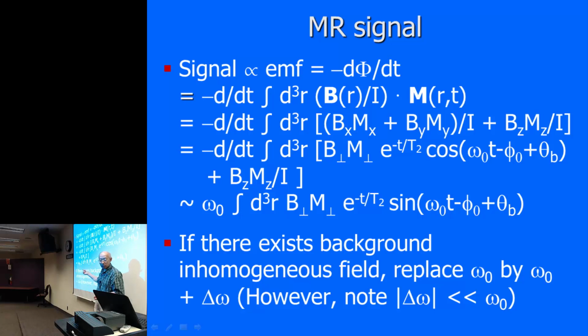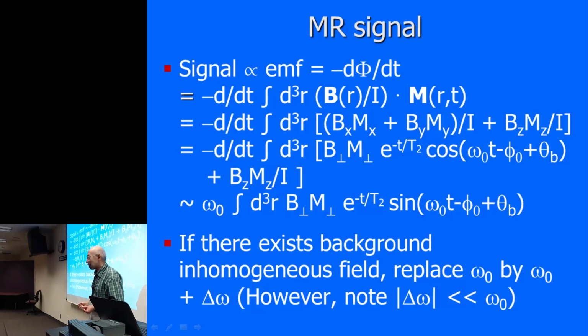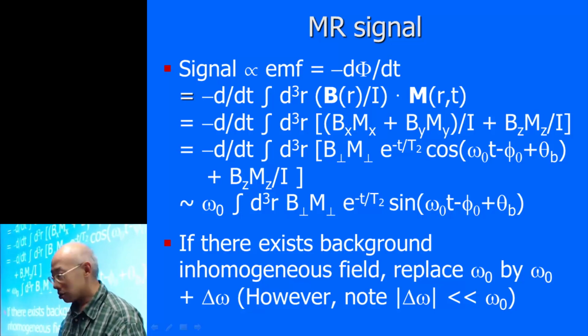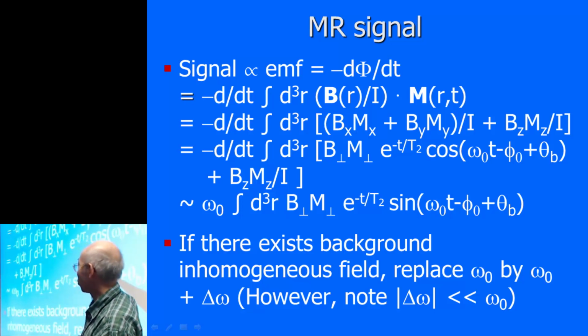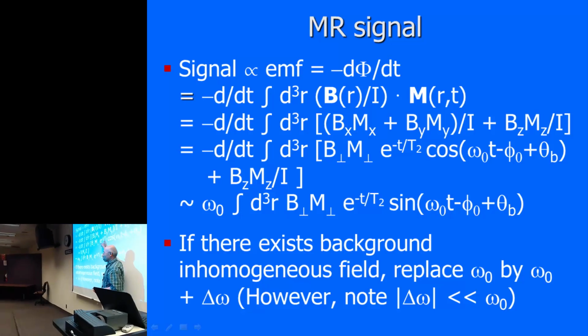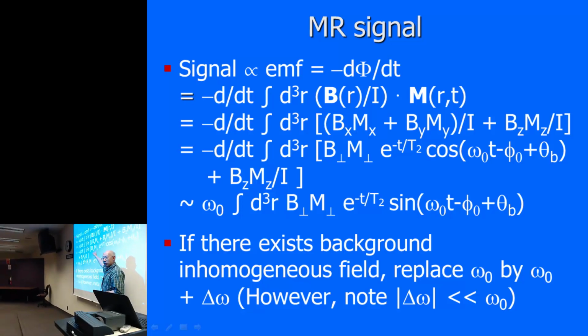Now, of course, you have to be careful. If you try to design a magnet which runs at the Earth magnetic field, for example, then you have to go back to this equation and actually worry about the T2 contribution from there. You also have to worry about the T1 contribution, meaning that from the Z component of your spins, you have to worry about those signals as well.